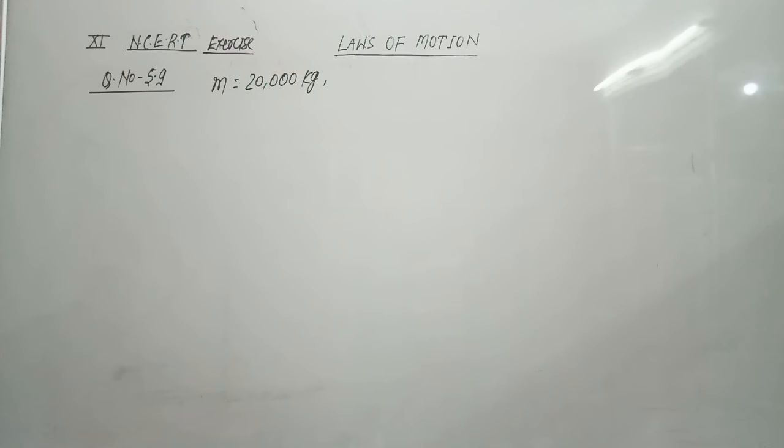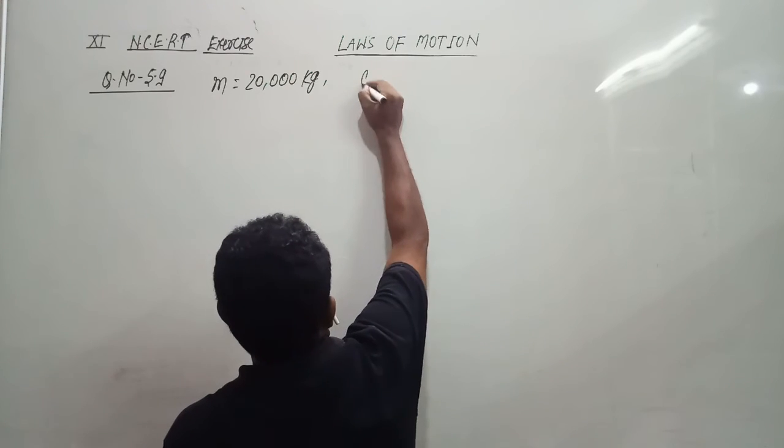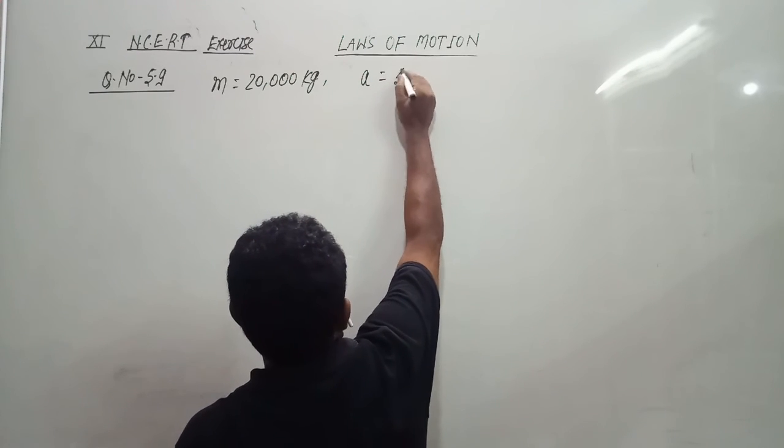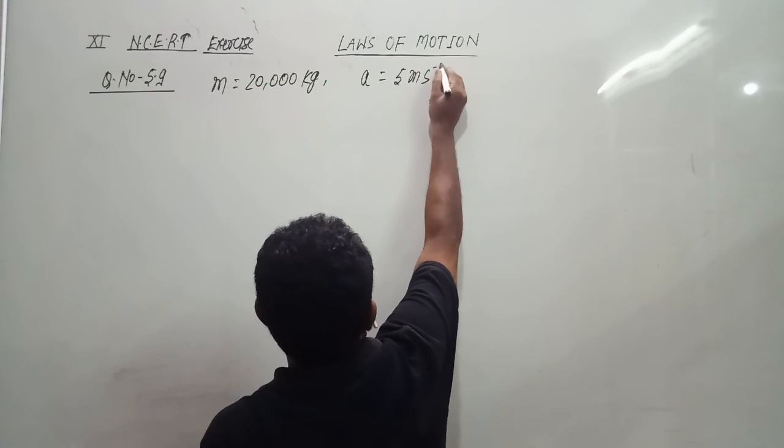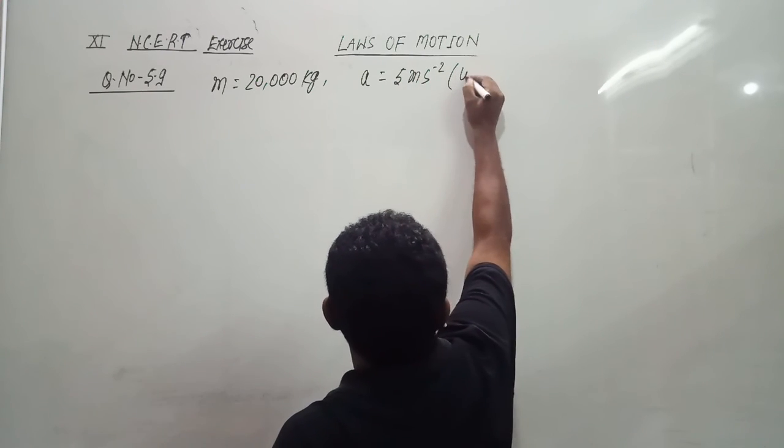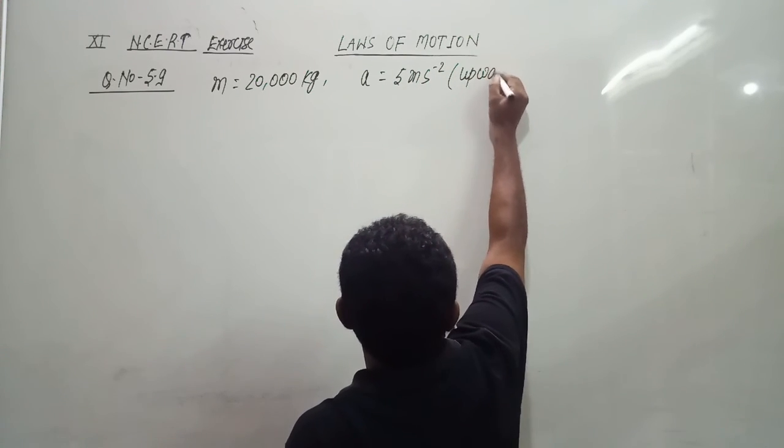It is blasted upwards with an initial acceleration of 5 meters per second square. Its acceleration a is 5 meters per second square and the direction of acceleration is upward.